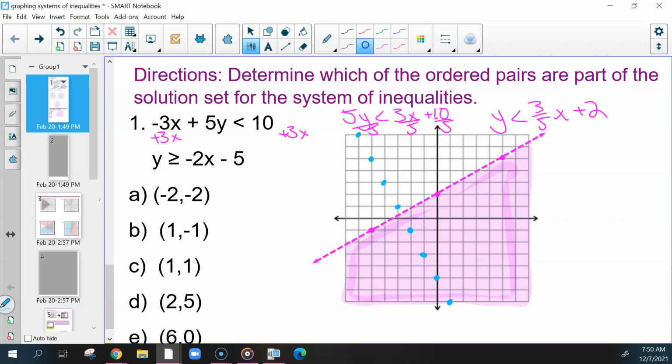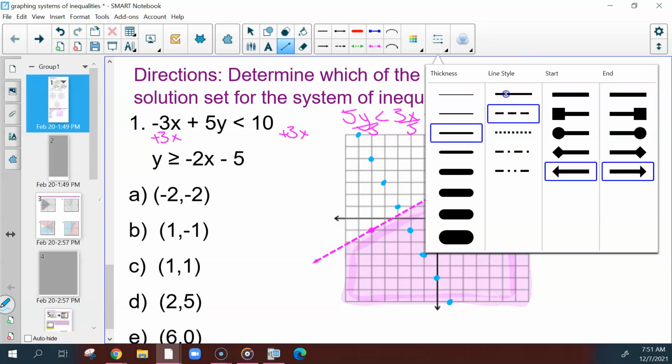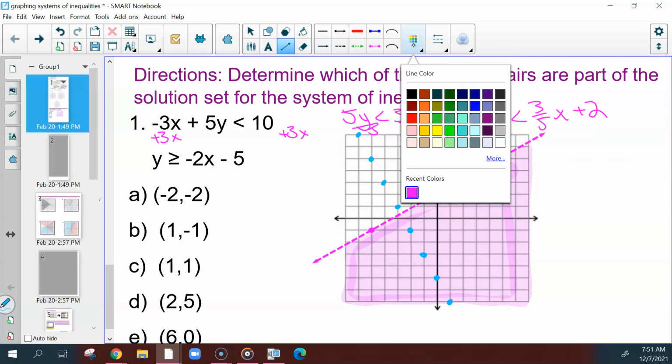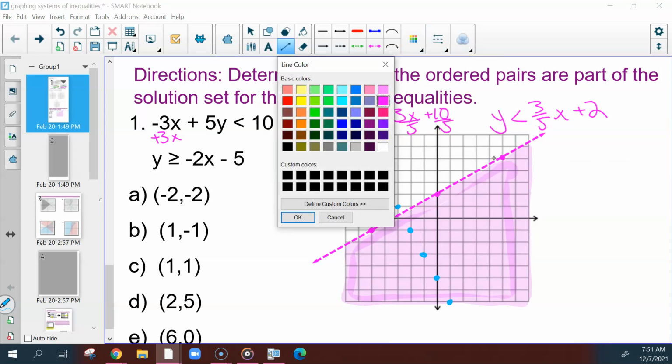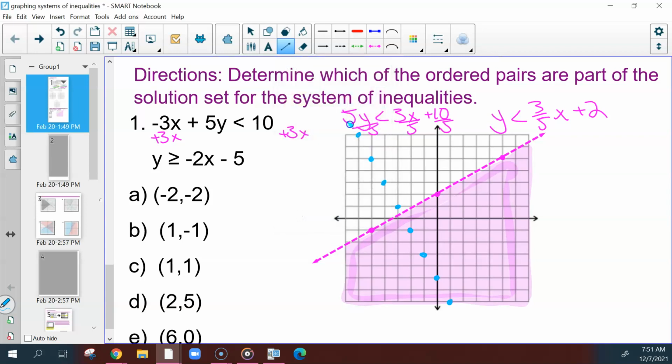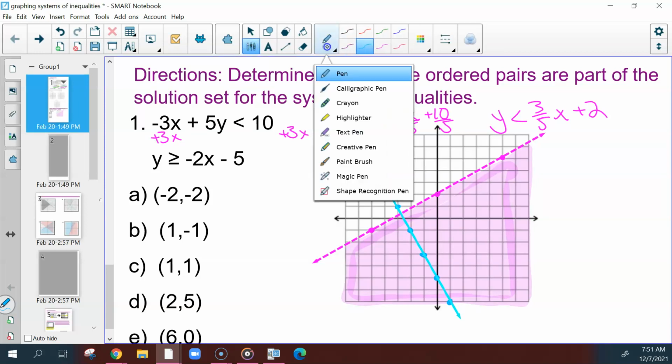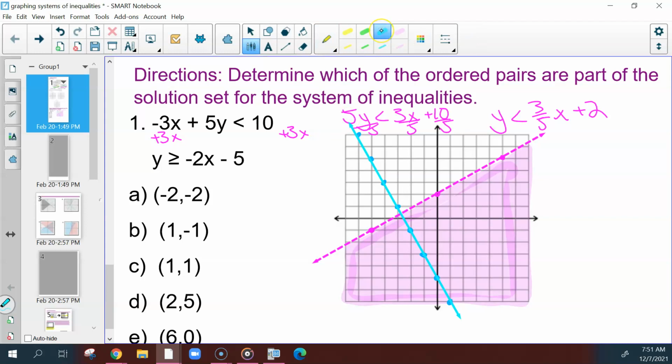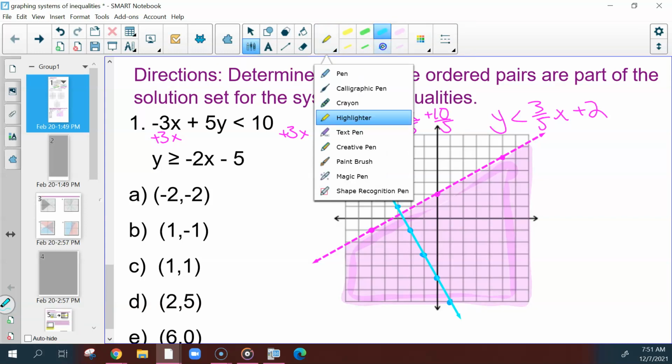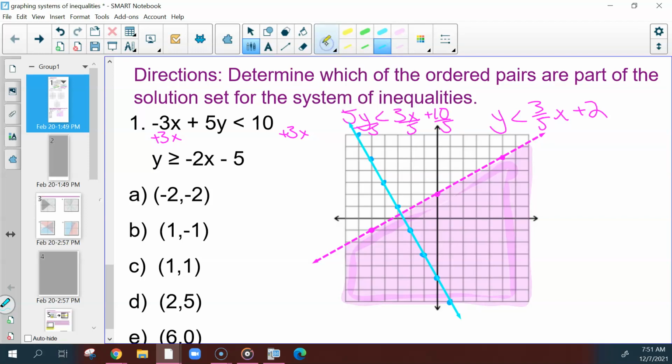This would be a solid line. And this is shaded above this line, so just in case you're not sure where that is, that would be up this way.